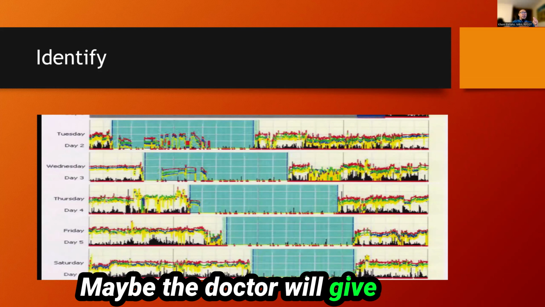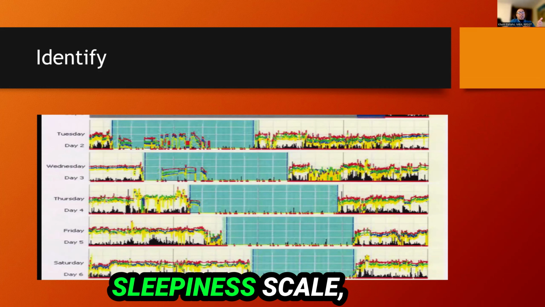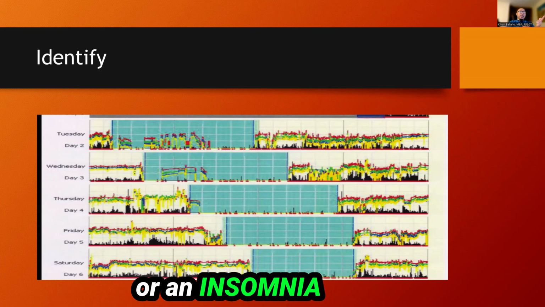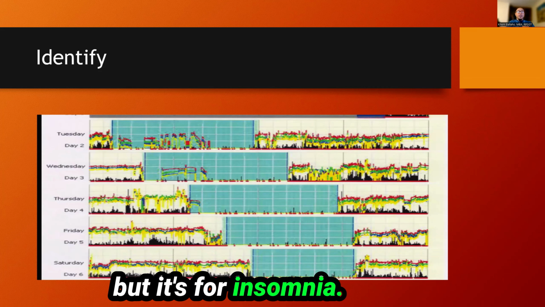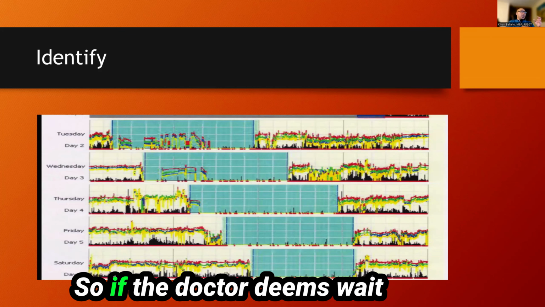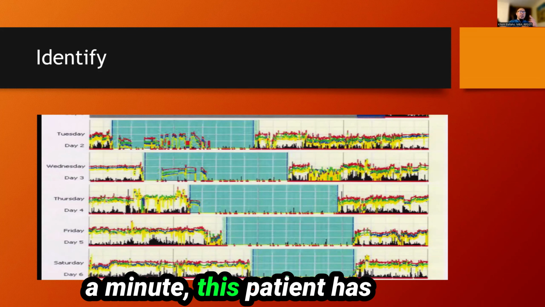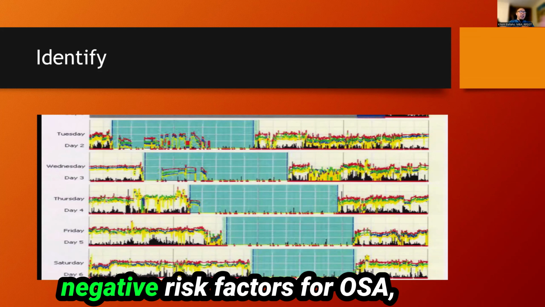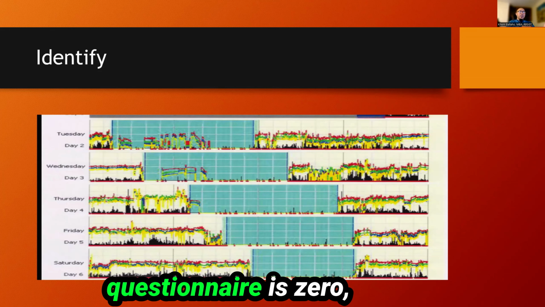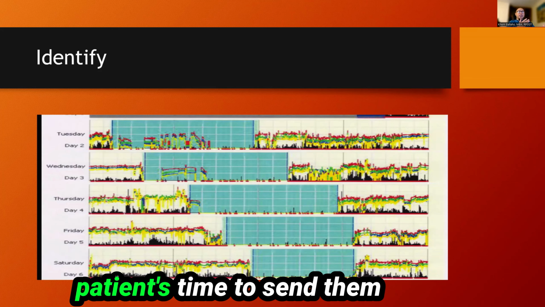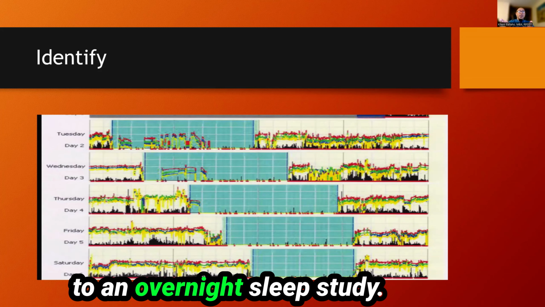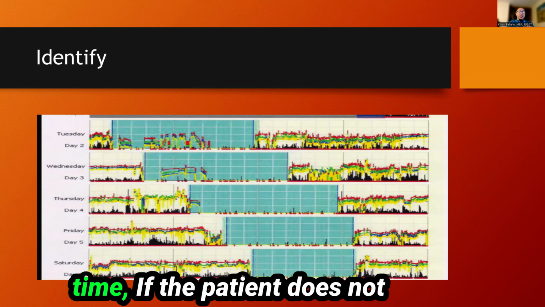Maybe the doctor will give this patient an Epworth Sleepiness Scale, a STOP-Bang, or an ISI, which is a questionnaire similar to STOP-Bang, but for insomnia. So if the doctor deems that this patient has negative risk factors for OSA, the STOP-Bang questionnaire is 0, nothing positive for OSA, then the doctor will not waste this patient's time sending them to an overnight sleep study. Otherwise, that's a waste of time.